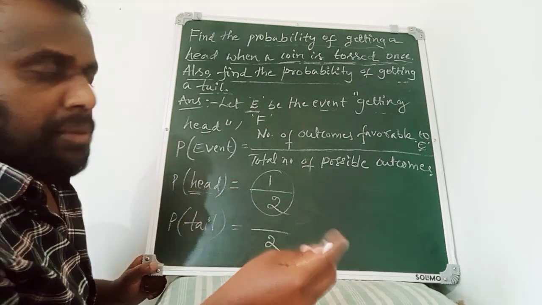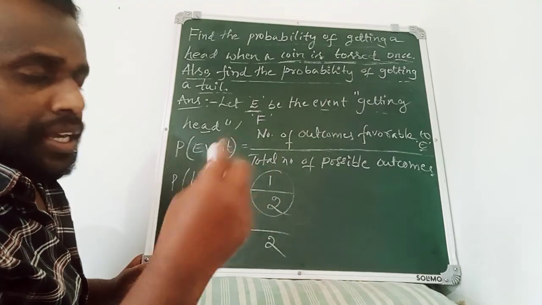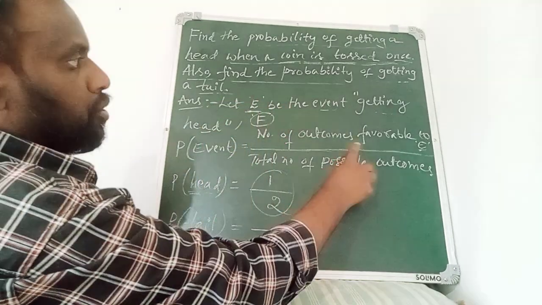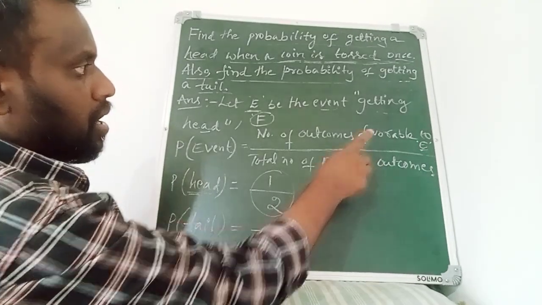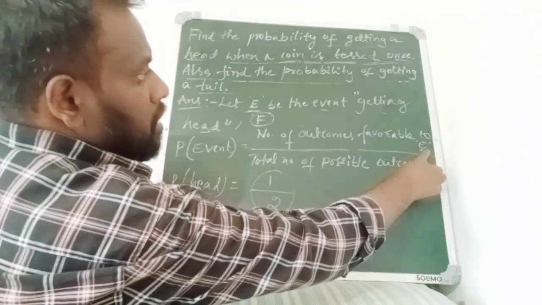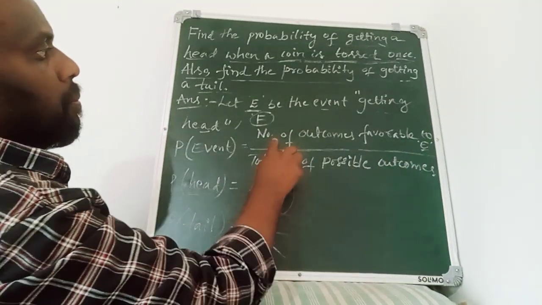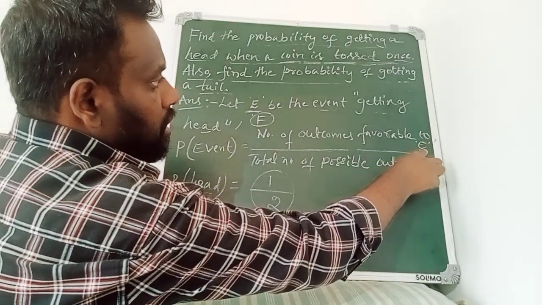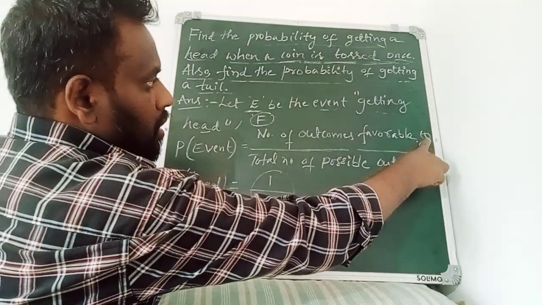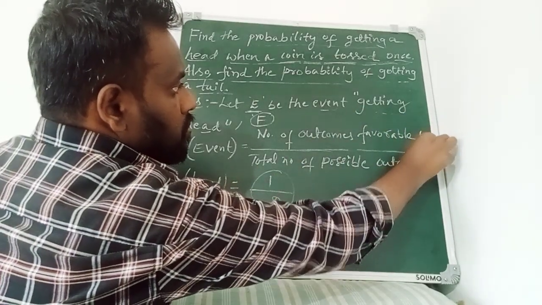The event of getting head I am taking as E, the event of getting tail I am taking as F. According to this formula, when we are dealing with getting tail, here E changes to F. So the number of outcomes favorable to F. When you consider head, we take E. When we consider tail, we take F.